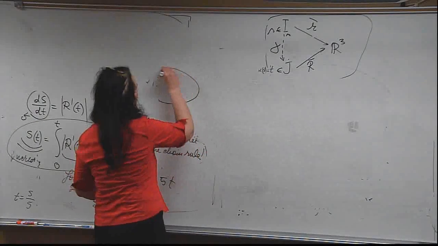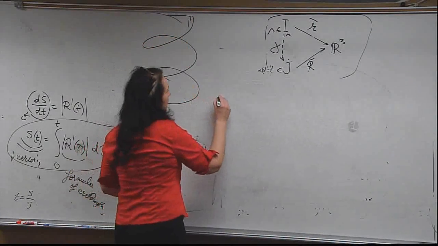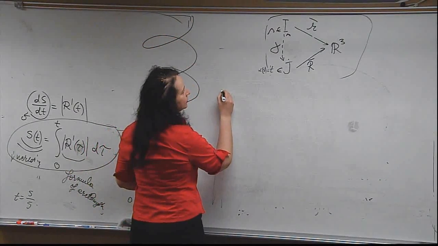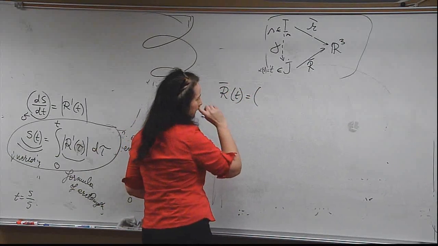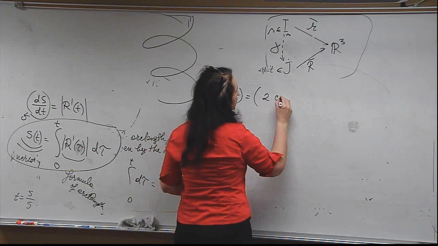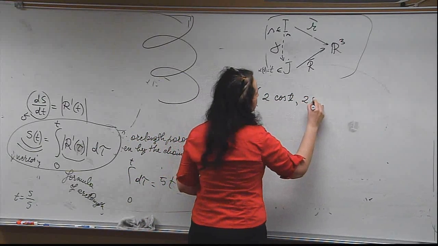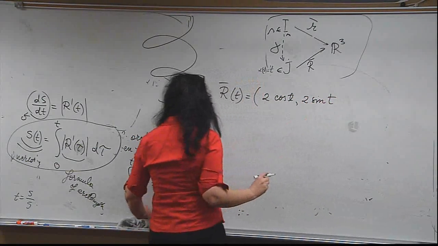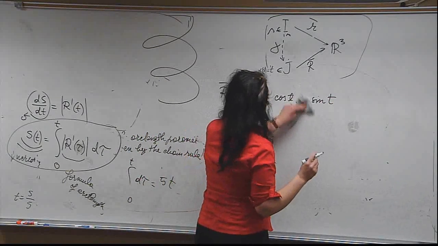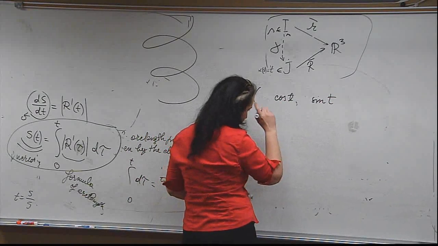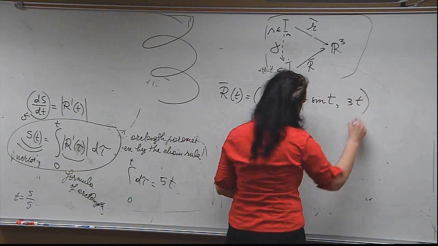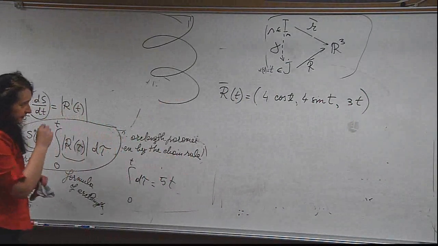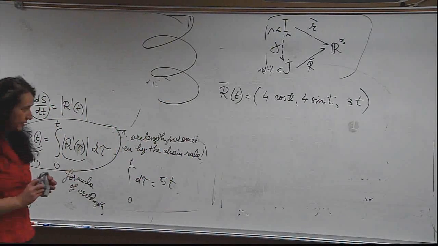And finally, the drunken bug. What did I take for r of t? Let's say this is 2 cosine t, 2 sine t. Let me make it more beautiful. Let me put 4, 4, and 3t. Can anybody tell me why I did that? Maybe you can guess my mind.